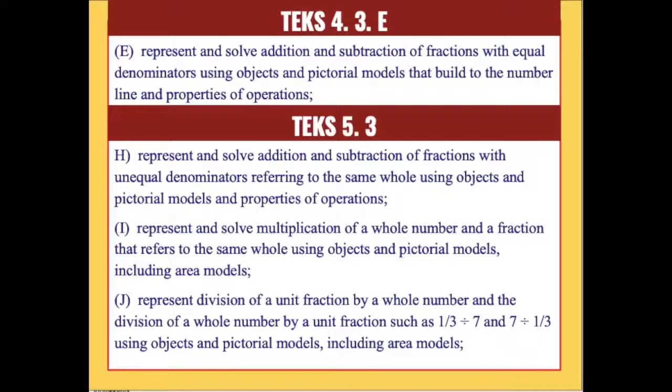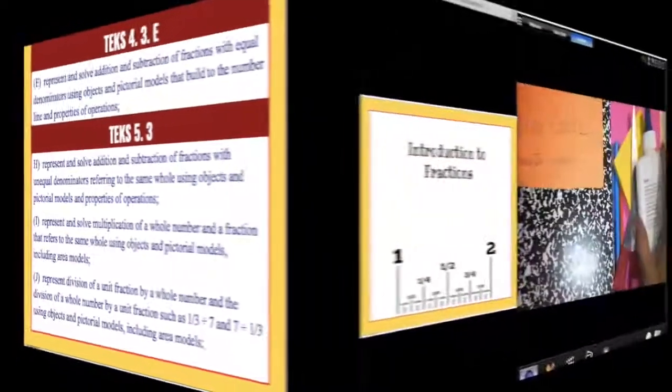In fifth grade, they're continuing to add and subtract fractions with unequal denominators using objects, pictorial models, and the properties of operations, or the traditional algorithm. Letter I, they're beginning to work with multiplication, and letter J with division.